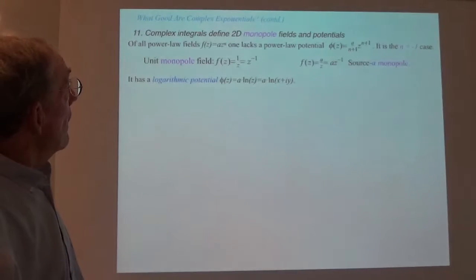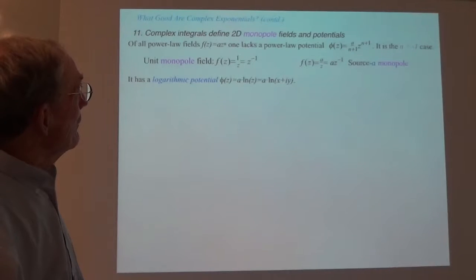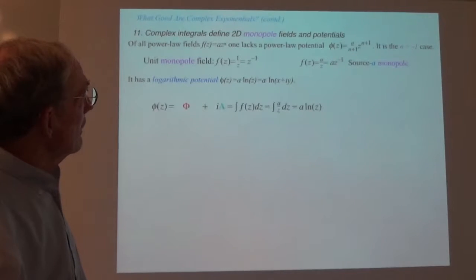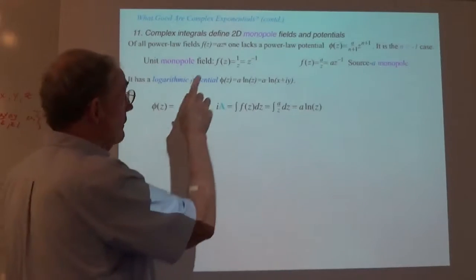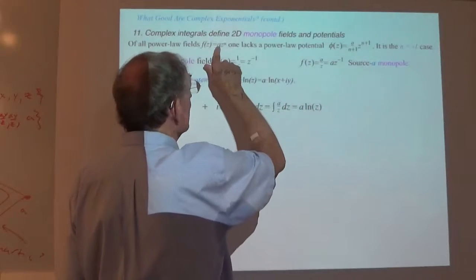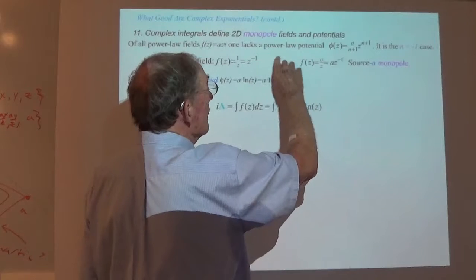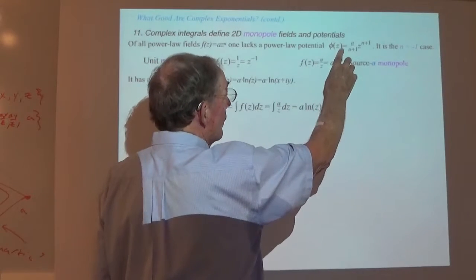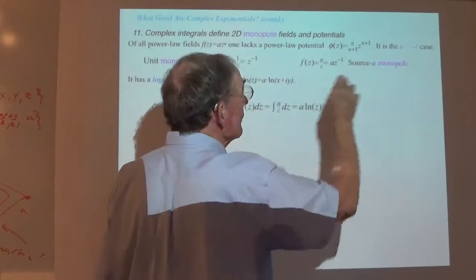Okay, so here's where it gets fun. And we've got just a few minutes here to do this, so let's go fairly quickly. There is one particular potential out of all of these. If I have A z to the nth power, then I'll have a power law of potential just by integrating, except for this case.